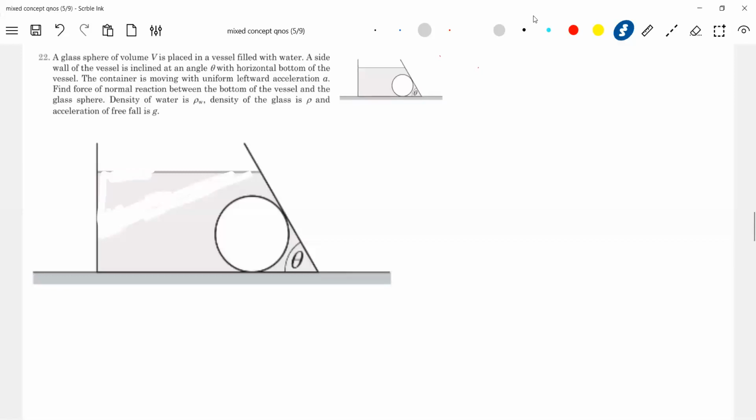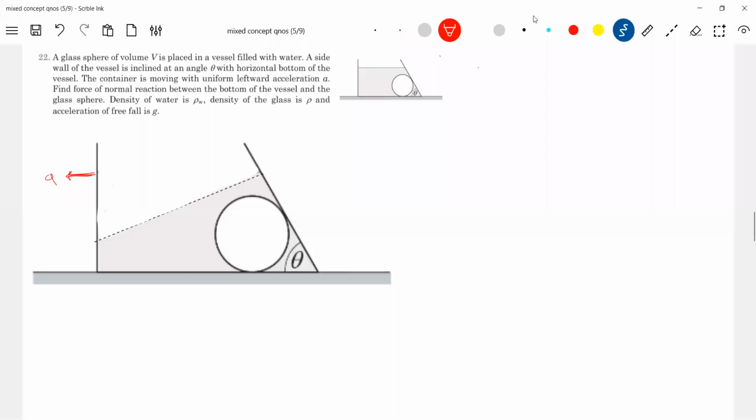Now I'm trying to redraw the diagram because drawing the circle all the time will take more time. Okay, this will be the level of the liquid, the shape of the liquid as it is accelerating leftward. This will be the acceleration of the container.